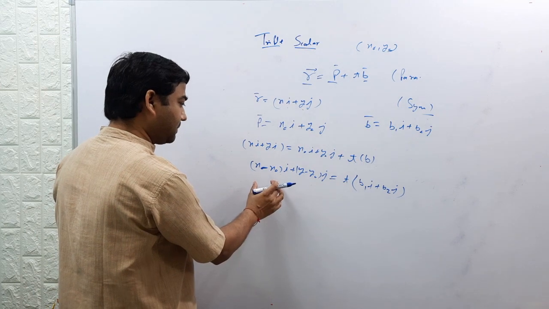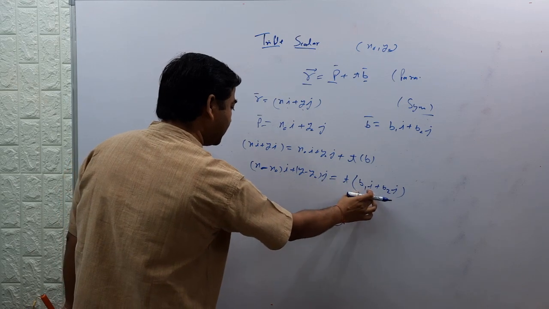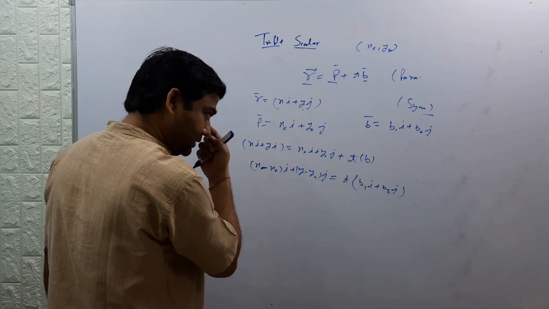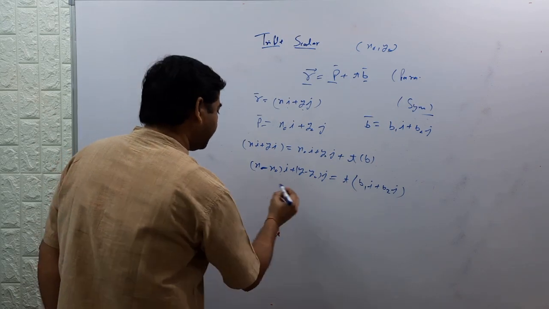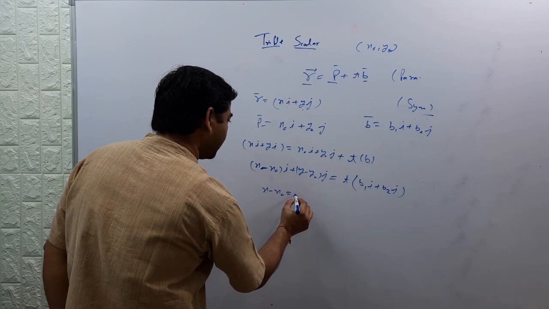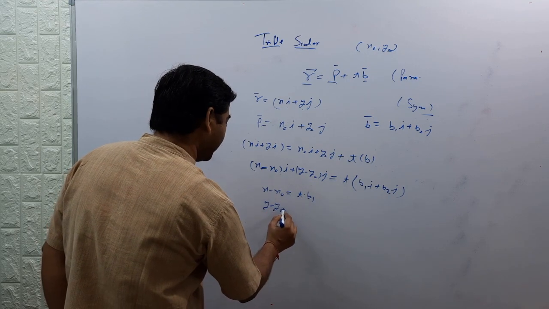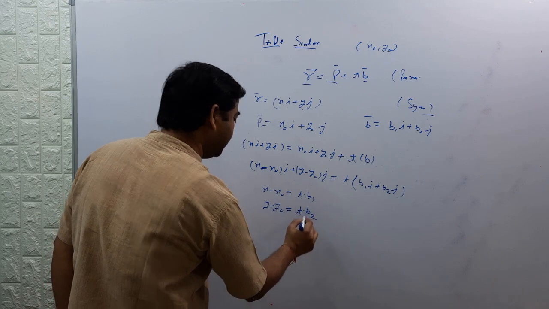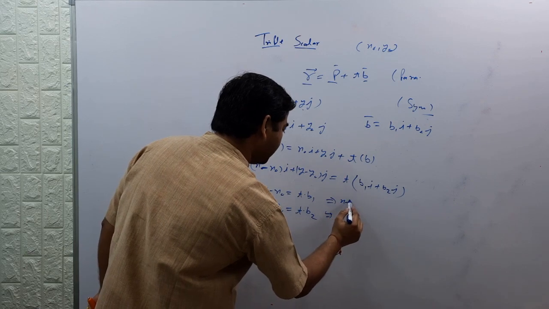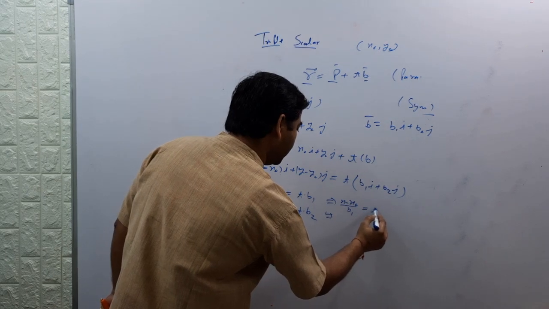So you can see, compare the coefficients of i and j. x minus x0 is equal to t v1 and y minus y0 is equal to t v2. So this can be written as (x minus x0) by v1 is equal to t.